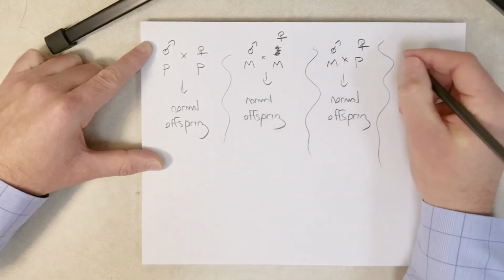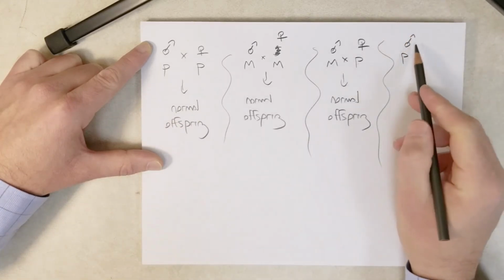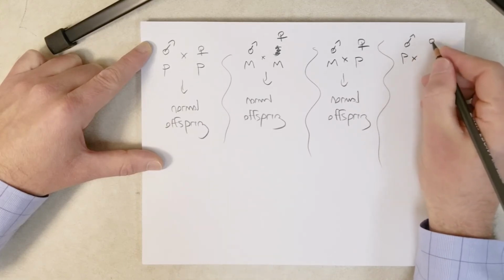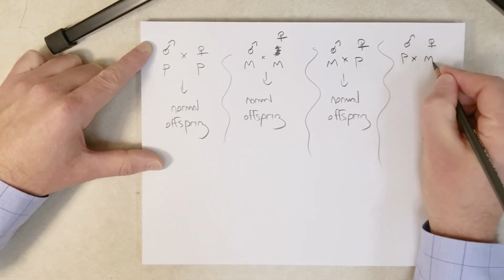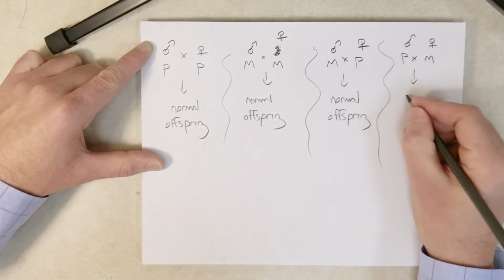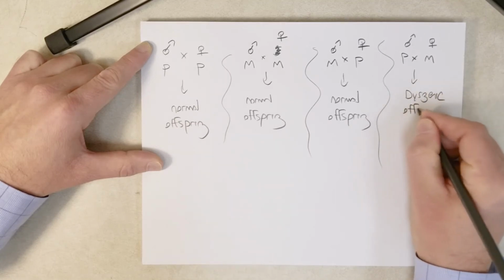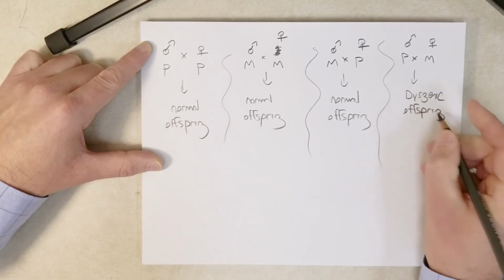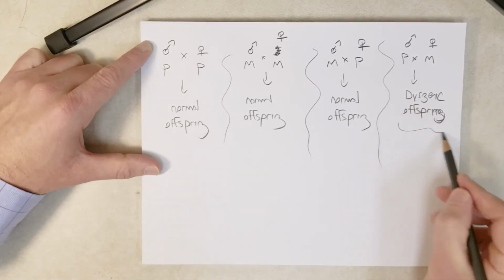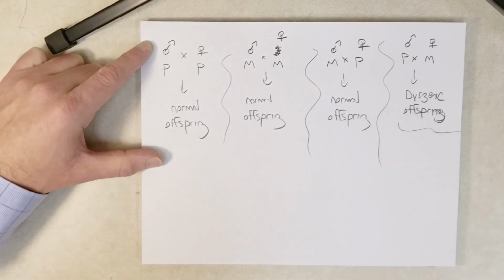And surprisingly, however, if we take a male P fly and cross that to a female M fly, this is where we get the dysgenic offspring. Essentially, the gonads in these flies, these offspring, do not develop normally.